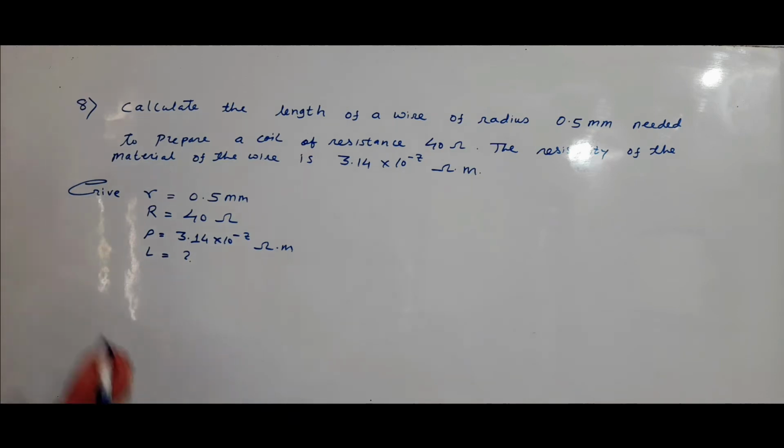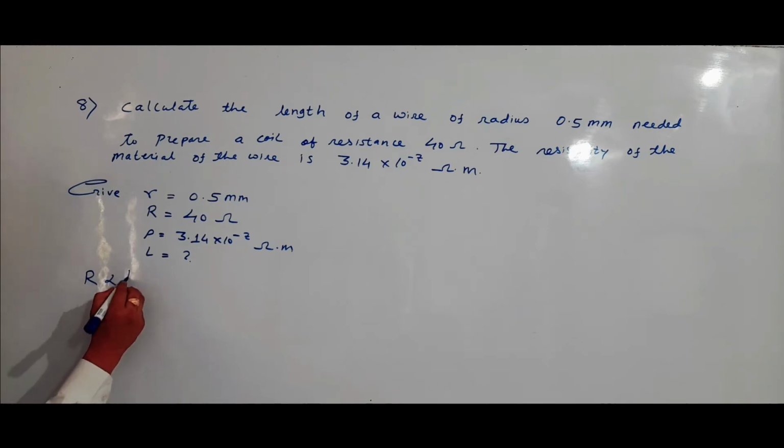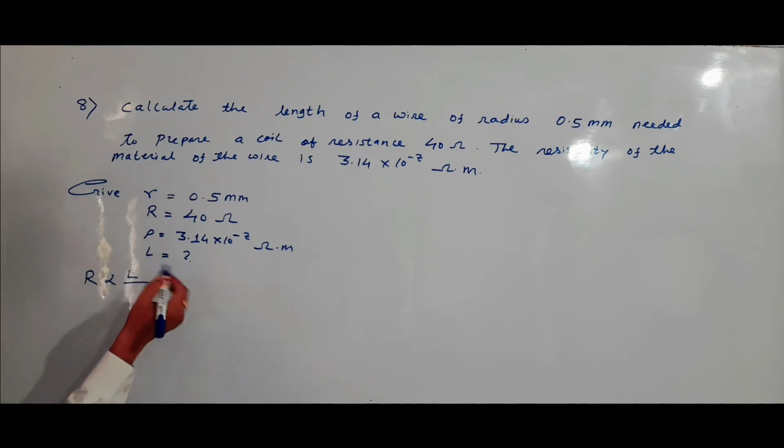Again, my dear student, we know that R is directly proportional to length and inversely proportional to the cross section area of a wire.